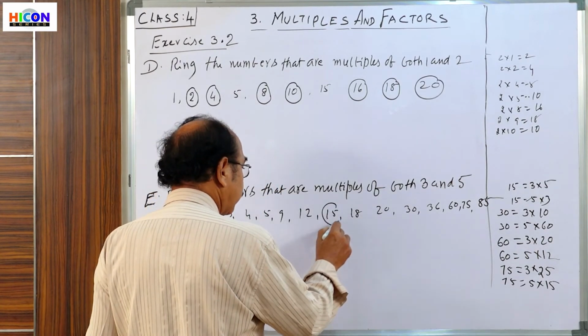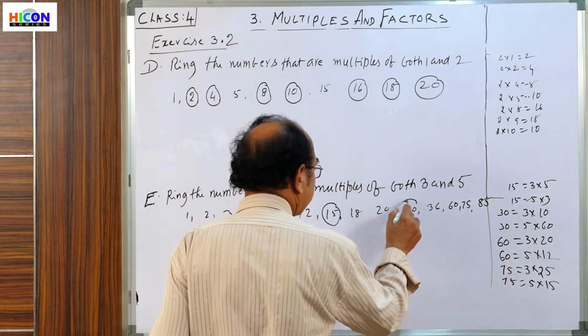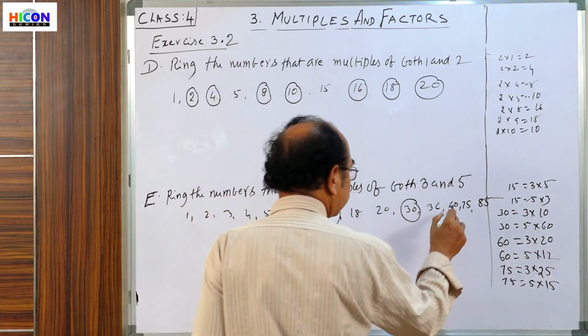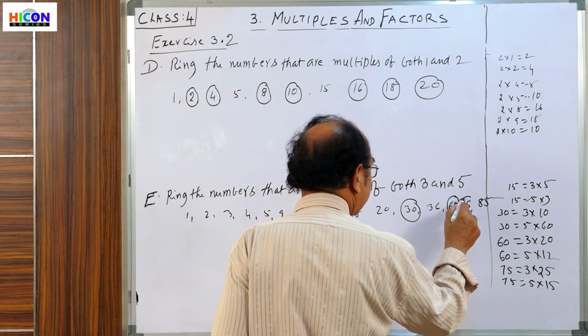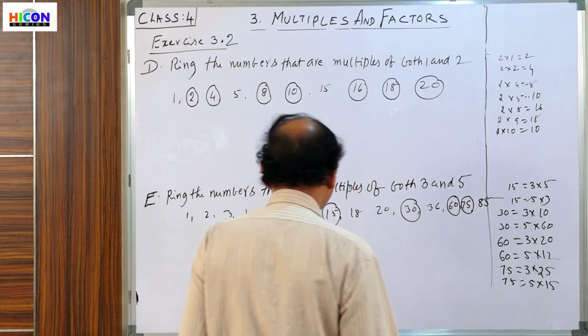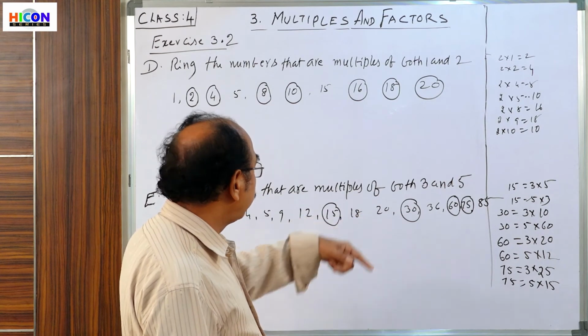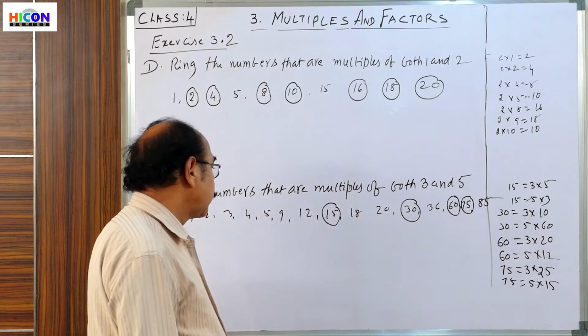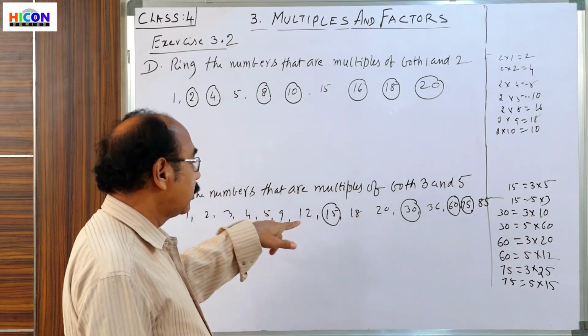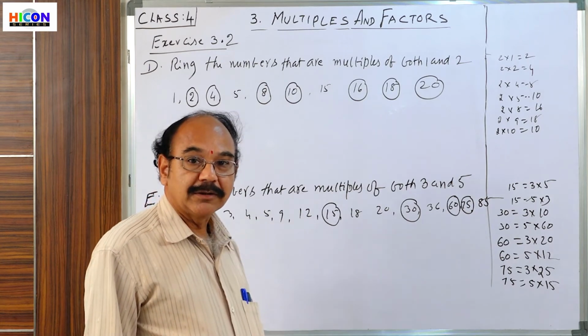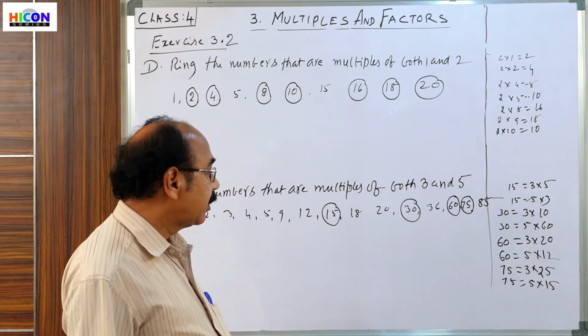So 15, 30, 60 and 75. These 4 numbers were kept in a ring.